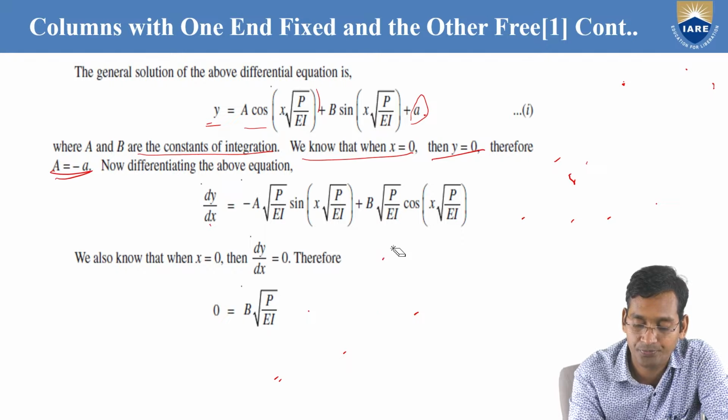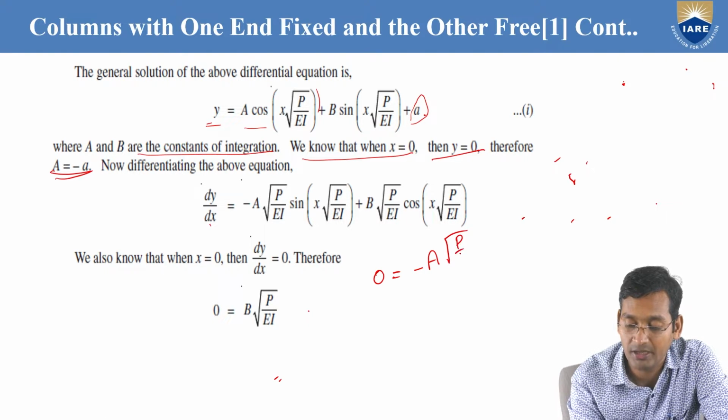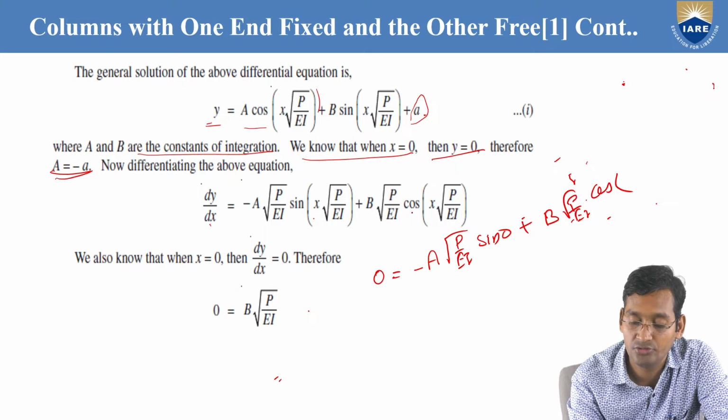0 equals minus a root p by EI sin(0 into this), and that will be 0, plus b root p by EI into cos(0 into this).